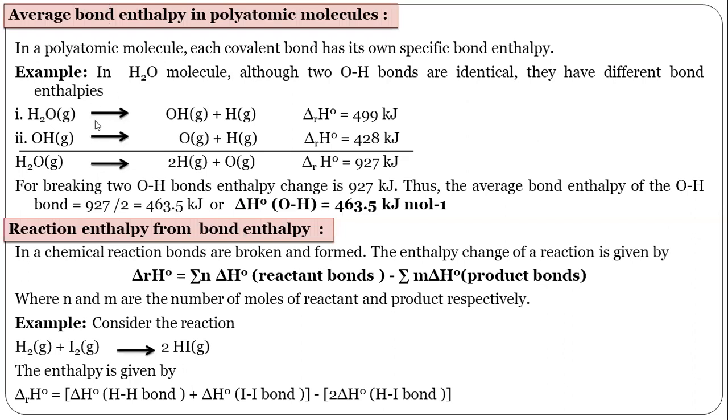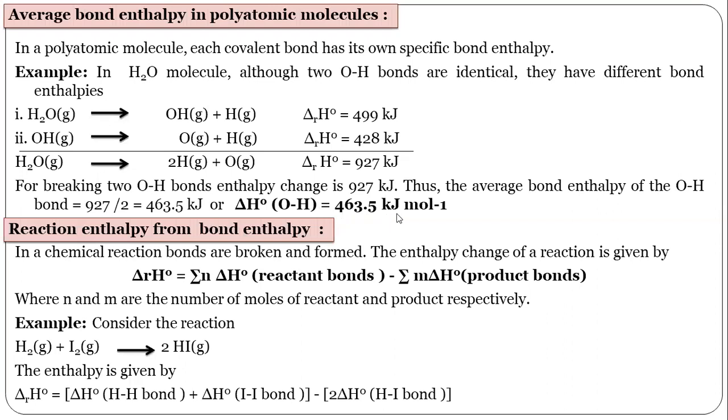So this particular example is given. Though the bonds are the same, their bond enthalpies are different. So 927 kilojoule is the total bond enthalpy, divided by 2. So the answer is 463.5 kilojoule, or it can be denoted as the bond enthalpy of OH bonds, in which OH bonds are broken.